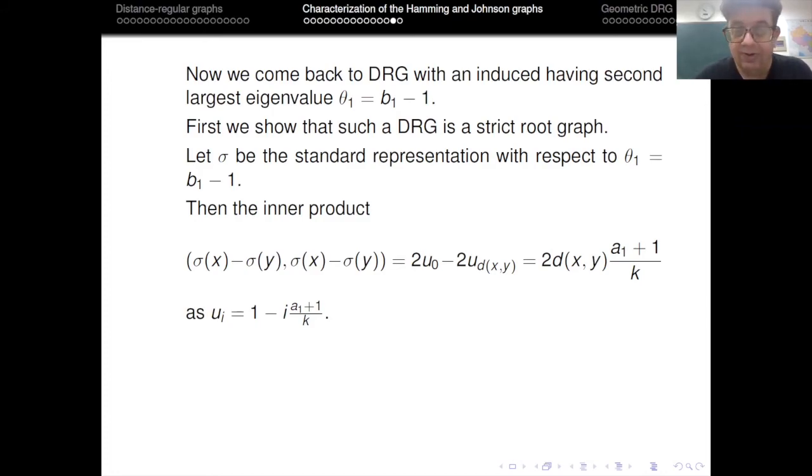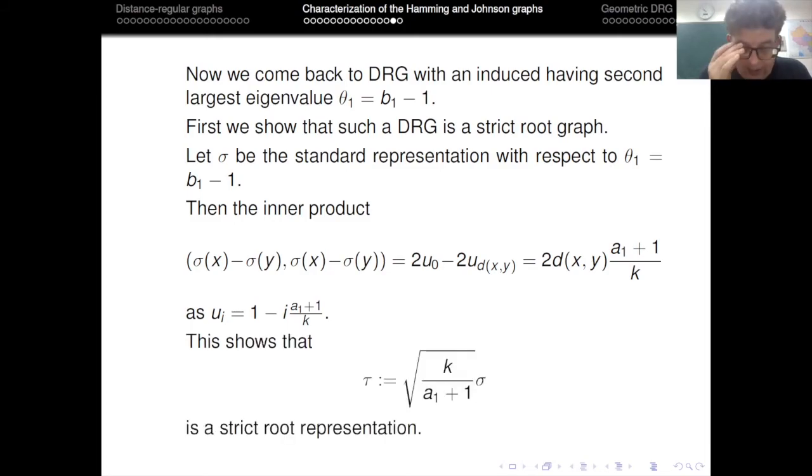That is because u dxy is 1 minus, what was it? a1 plus 2 over k. Did I make a mistake here? Maybe it should be a1 plus 2 over k, but it doesn't really matter for my proof.